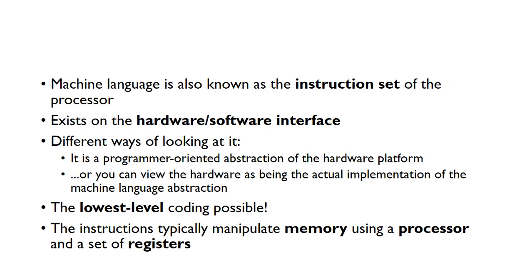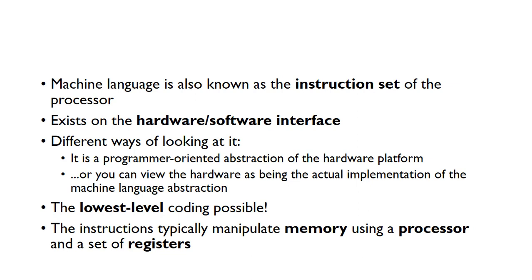So you can say that the hardware instruction set is a programmer-oriented abstraction of the hardware platform. Or you can look at it from the other side and say someone's defined some instruction set, and then the hardware is the implementation of this instruction set. So there are different ways to look at it, either from a hardware side or a software side.